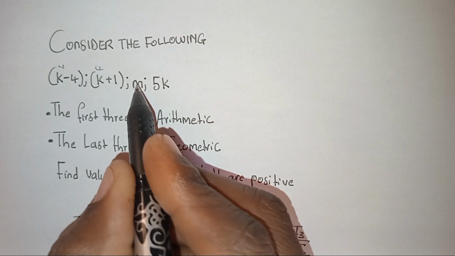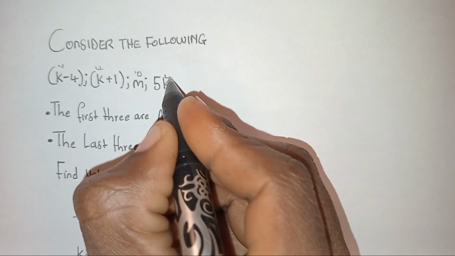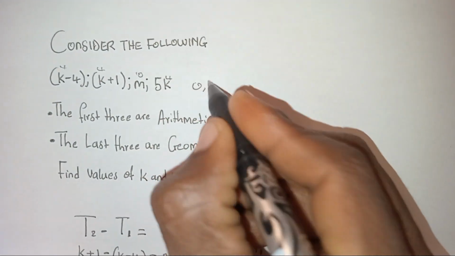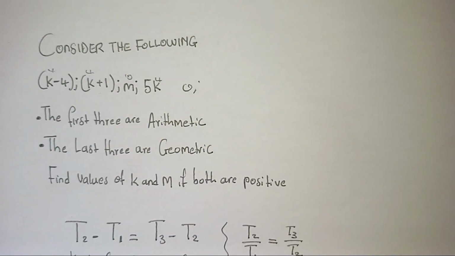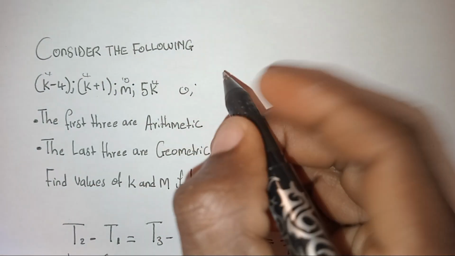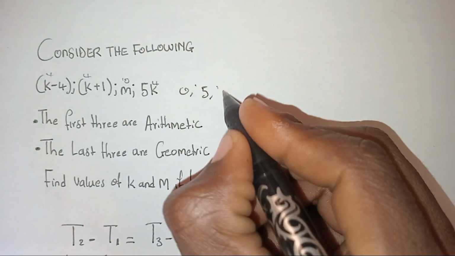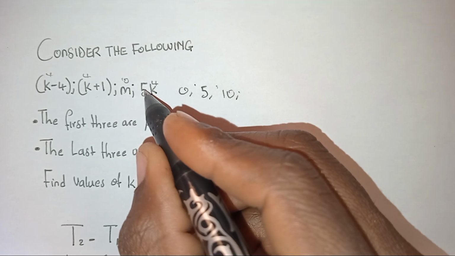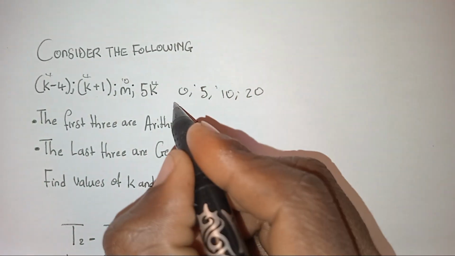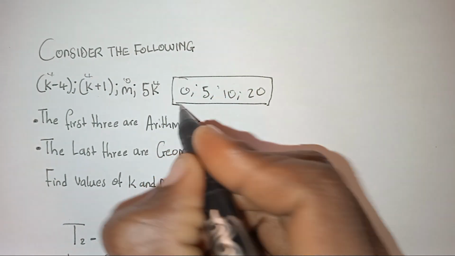M we found 10, and here for k it's 4, which means 4 minus 4 is 0, and then 4 plus 1 is 5, and then this one is just 10, and then 5 times 4 is 20. So this is actually our sequence.